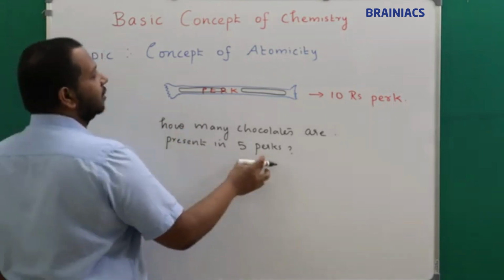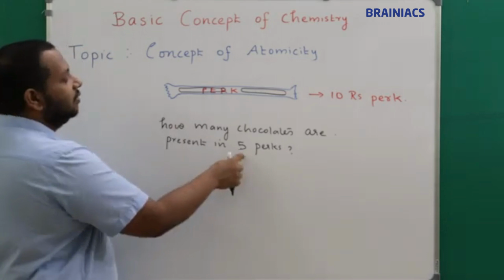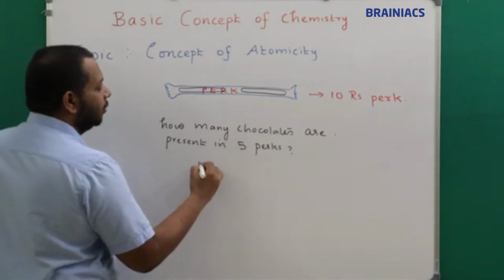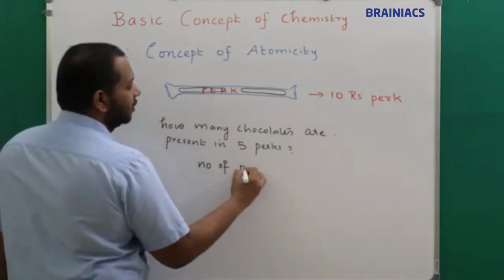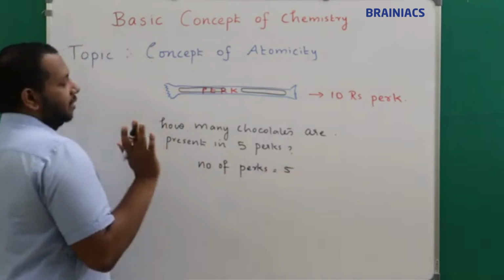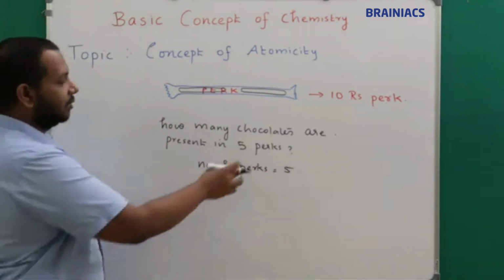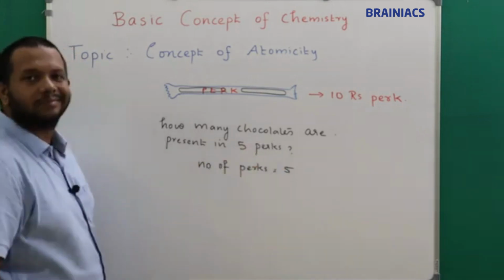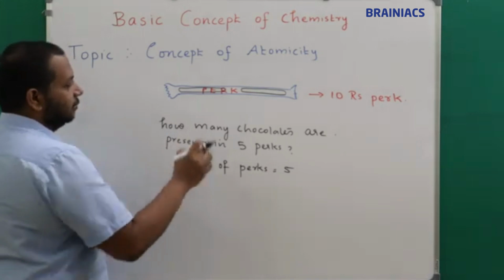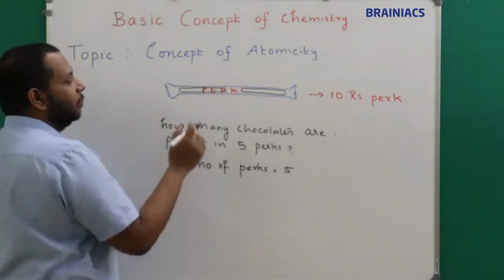First calculate the number of molecules, or the number of Perks. In this question it is clearly mentioned present in 5 Perks. So I know the number of Perks is equal to 5. Correct. And this is similar to the number of molecules. This I have calculated, or it is directly given. Okay. And next I know the atomicity of the Perk. Atomicity means, here I am saying one Perk has how many chocolates?